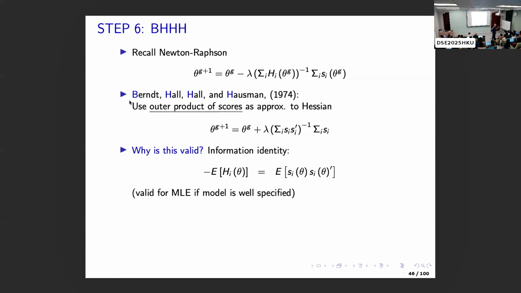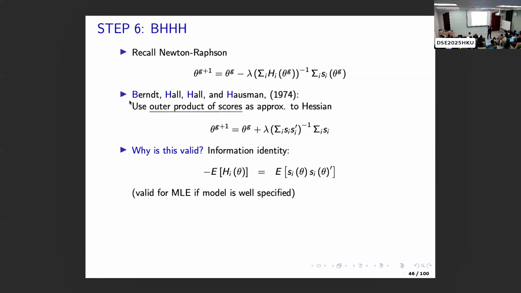So there's something called the information identity there. The expectation of the Hessian is equal to the outer product of the scores. So why don't we just use that structure, given that this is maximum likelihood, and replace those second order derivatives by just taking the outer product of the scores, which is much easier because now you have to differentiate only once, right?